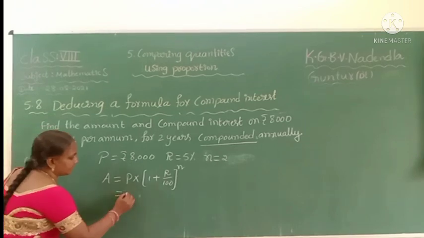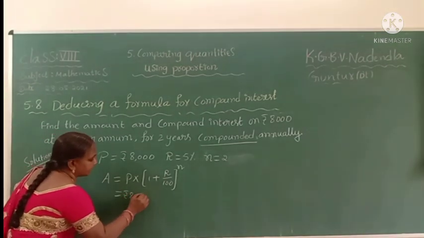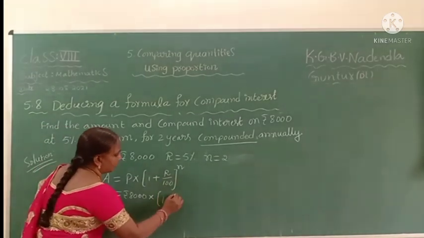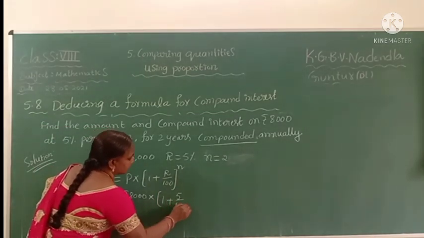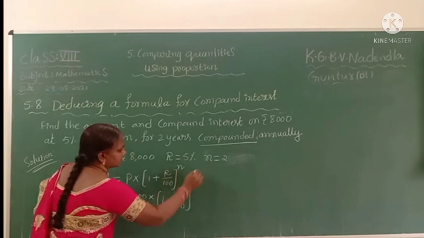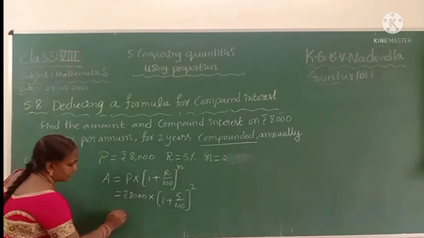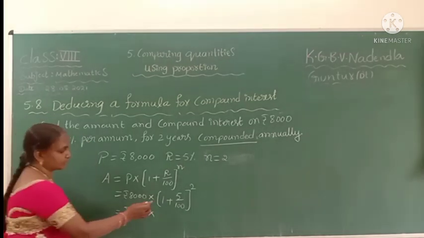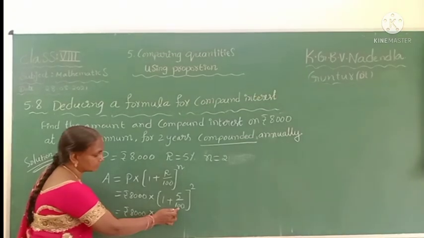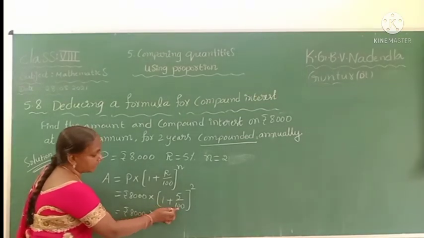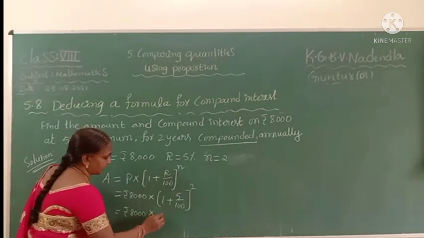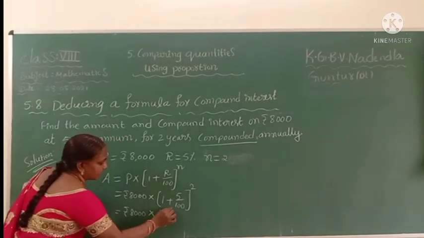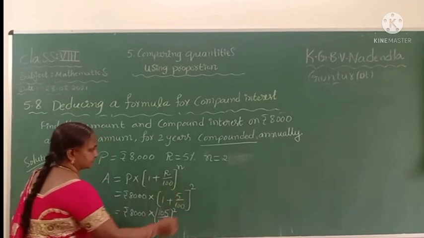Then what is P here? 8,000 rupees into 1 plus R 5%, 5 by 100, n. 100 plus 5, 105 by 100 whole square.